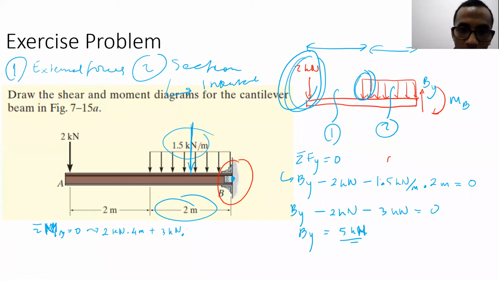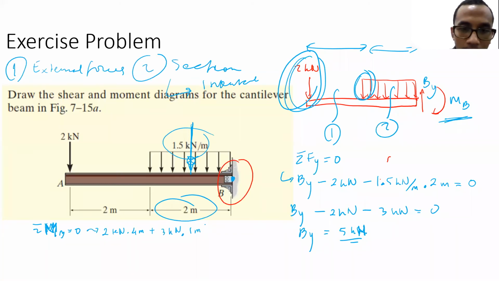The distance from here, and the centroid is supposed to be in the middle, right? So it's 1 meter. Okay, remember about this concentrated load. Okay, Shabina, you have to practice more about the concentrated load. Yes, sir. Okay, this one is 2 kilonewton multiplied by 4, and 3 kilonewton multiplied by 1. And what else? The moment there, we have MB as well, right?